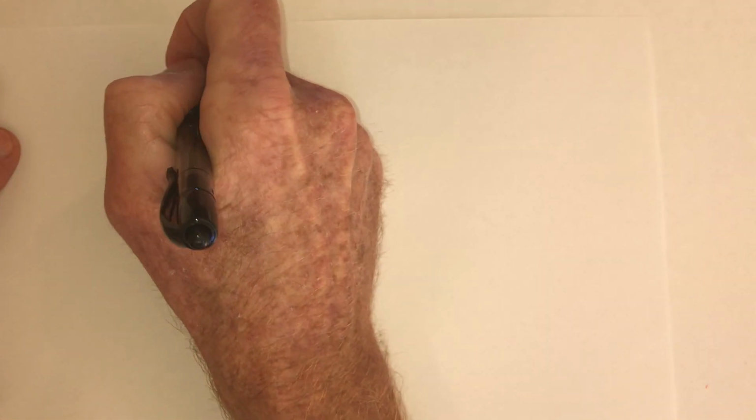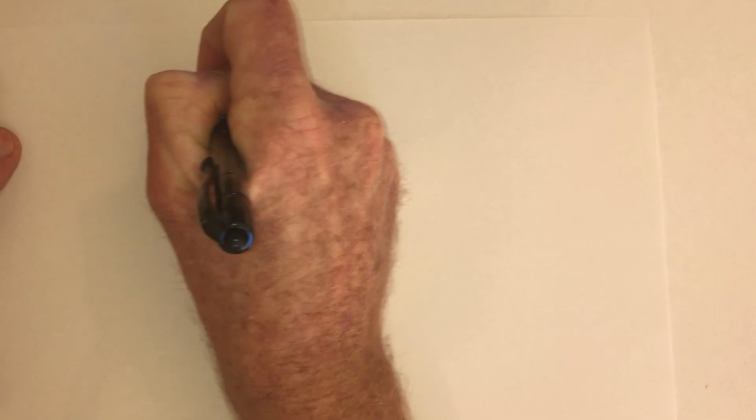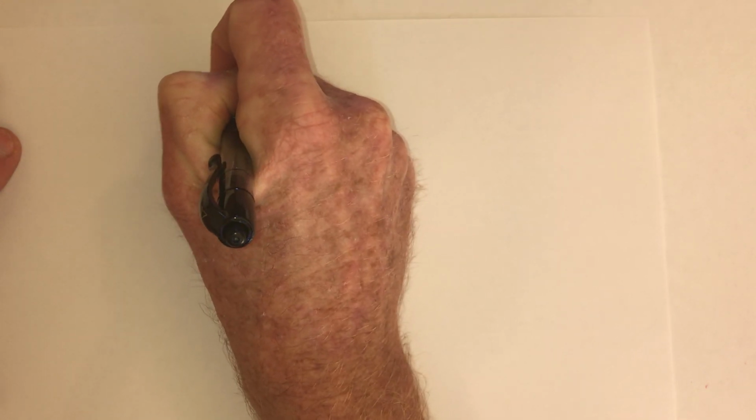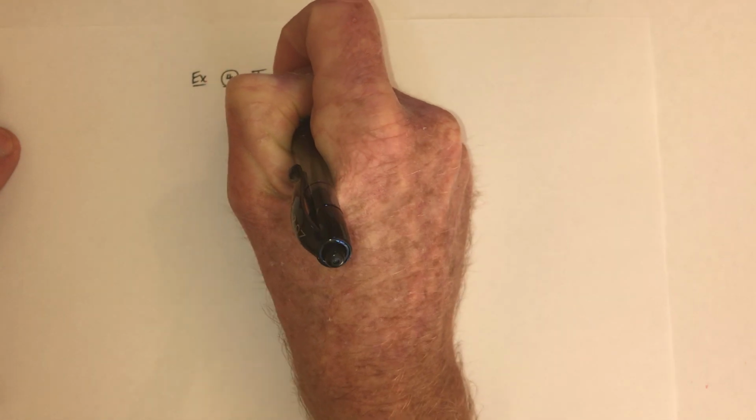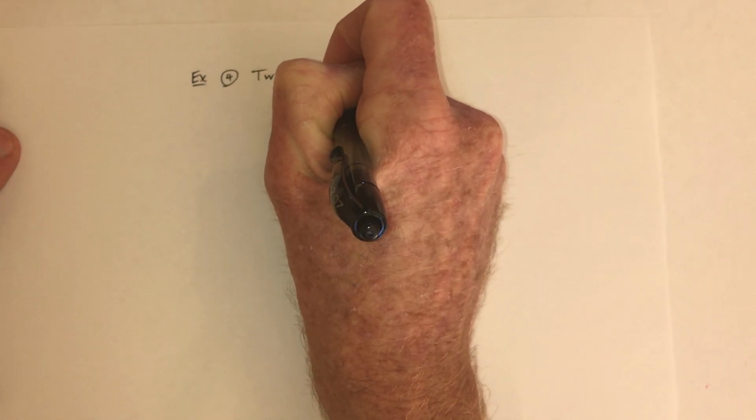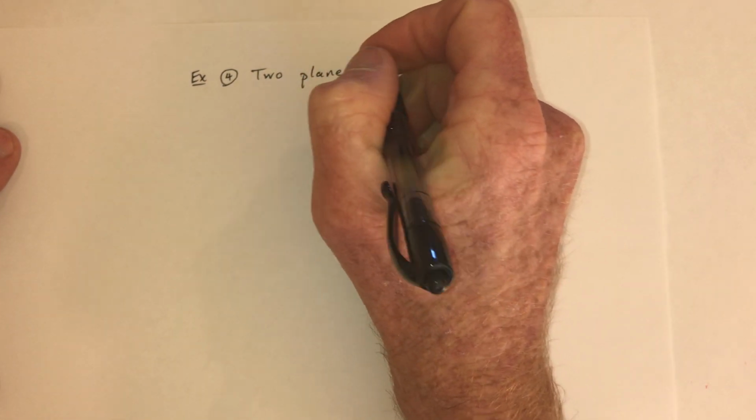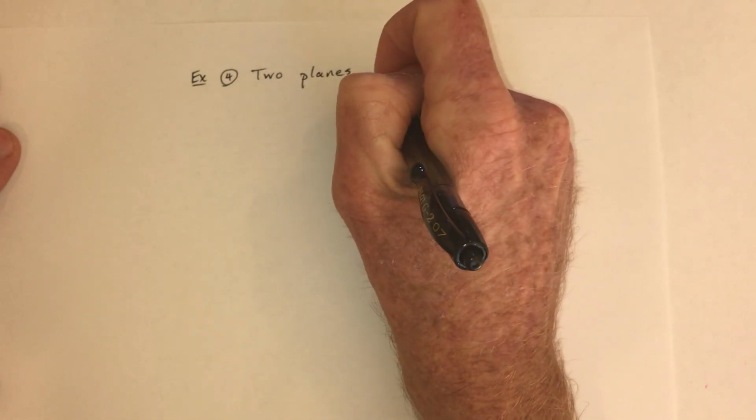So for the last example, an application, this is number 4. So 2 planes take off from an airport at the same time. Must be a big airport.